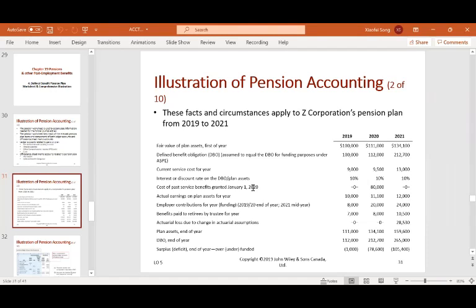If it's added onto the defined benefit obligation on January 1st, that means the interest of the current year will be accrued on this amount as well, right? Whereas if the amendment happens at the end of the year, there will be no time to accrue interest on this amount yet.